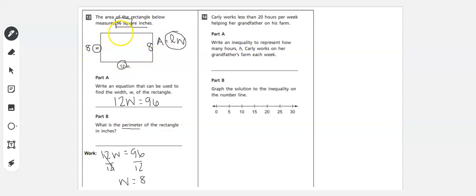If this side is 12, this side is 12. So 12 plus 12 is 24. 8 plus 8 is 16. So I get 40 right here. And it says inches, so 40 inches.